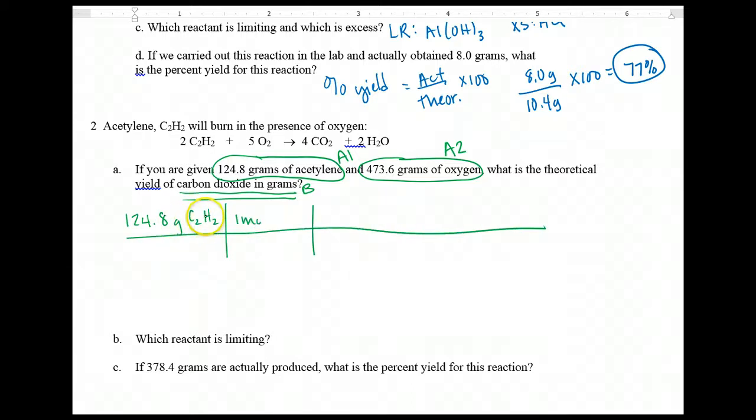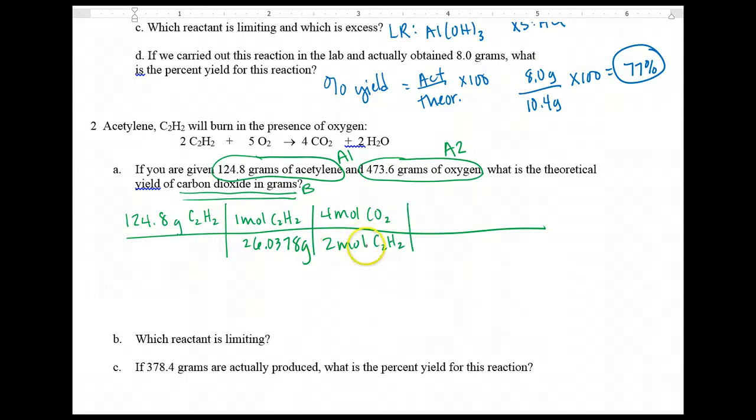Using your periodic table, 1 mole of C2H2 has a molar mass of 26.0378 grams. We're solving for carbon dioxide. Very important that you take a look at the mole-to-mole ratios. Carbon dioxide has a coefficient of 4, and acetylene has a coefficient of 2. So our mole-to-mole ratio is 4 moles of CO2 for every 2 moles of acetylene, C2H2.